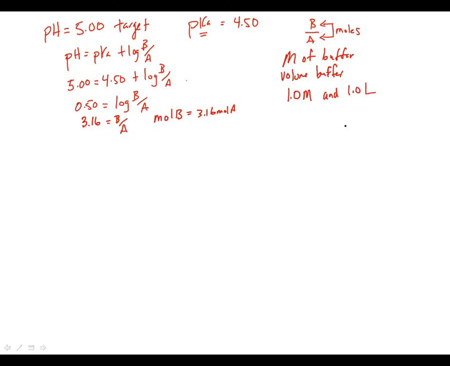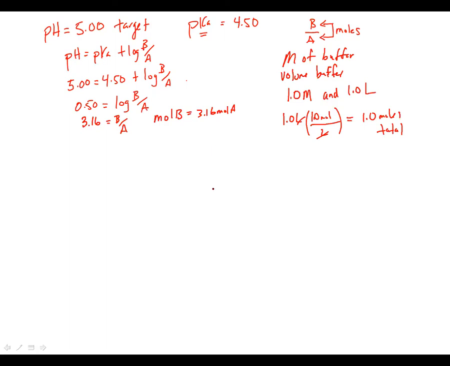Within a 1 molar buffer and 1 liter of it, if we multiply that together, we will end up with 1 mole total. So in our buffer, we will have basically 1 mole total of moles flying around.